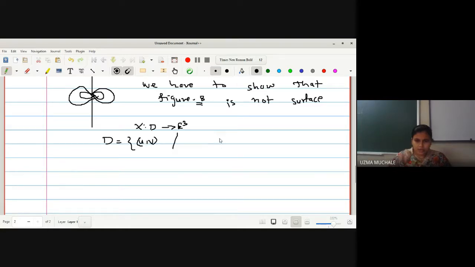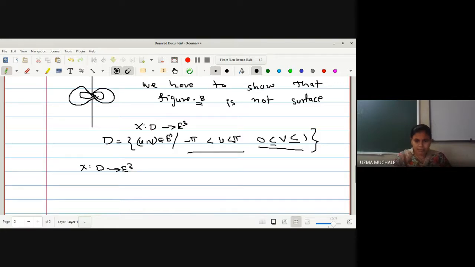U is from minus pi to plus pi and v with the condition 0 to 1. These are simply the domain and codomain provided. This is the domain D, the rectangular strip we have found. Now X is a mapping from D to E3.